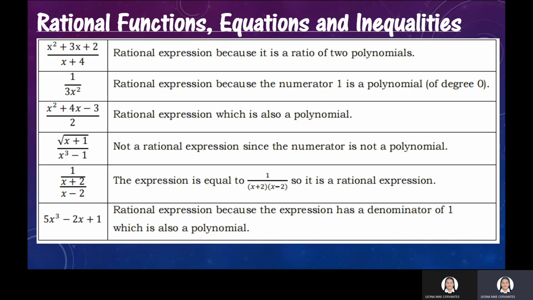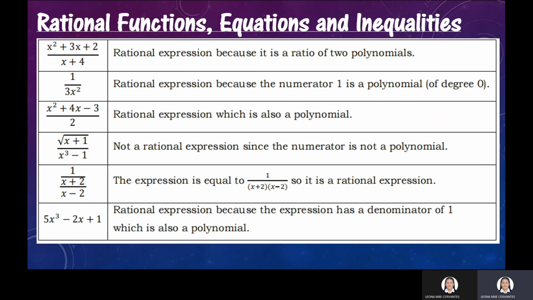Next, we have x squared plus 3x plus 2 over x plus 4. It is a rational expression because it is a ratio of two polynomials.